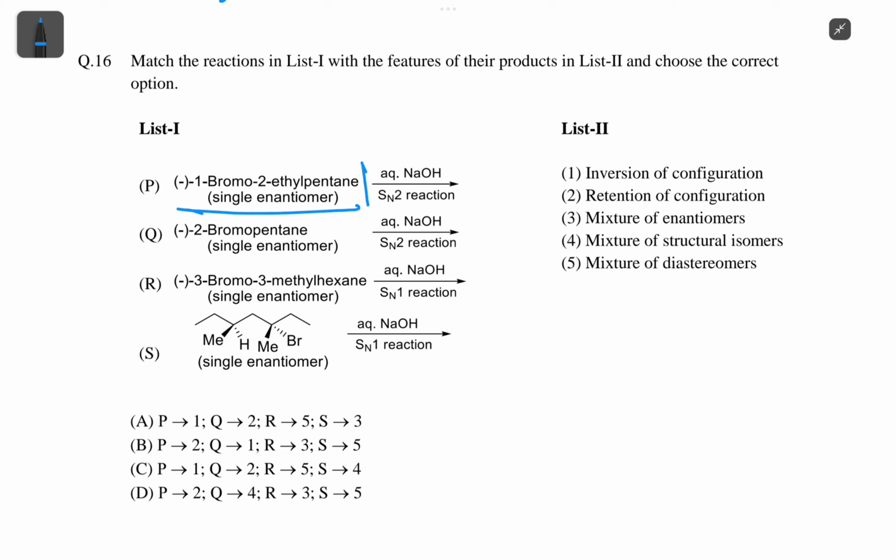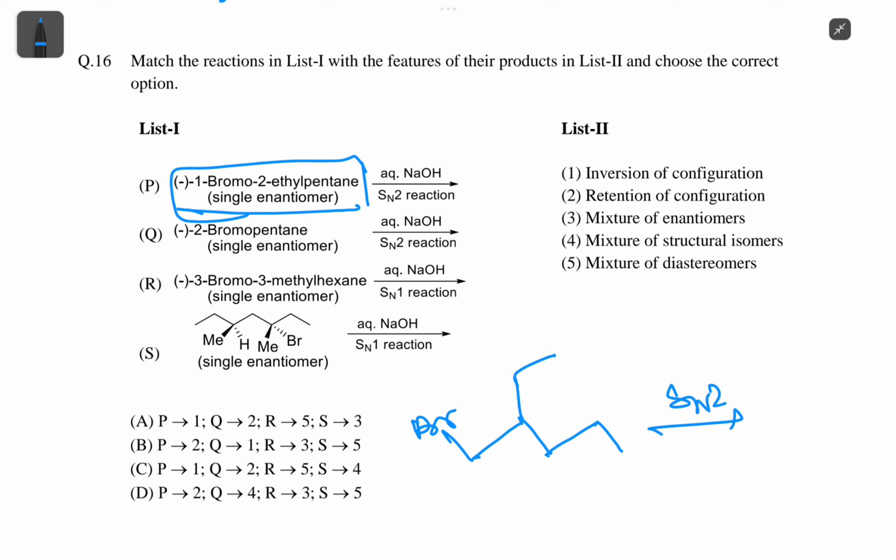Okay, so for this question, this one was kind of a trick part. So basically, you would have 1-bromo-2-ethyl pentane, and it's saying that SN2 would happen with aqueous NaOH, which is not wrong, but this won't cause inversion of configuration, because note that this is not a chiral carbon.